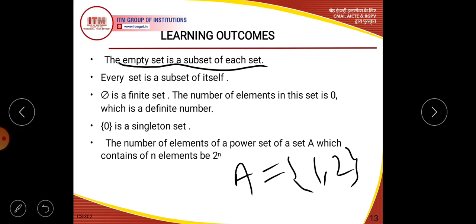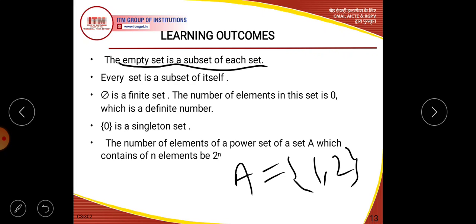The number of elements in this set is 0, which is a definite number. Yes, 0 is also a definite number. So we can say phi is a finite set, because the number of elements in it is 0, and we can count 0. It's a definite number.